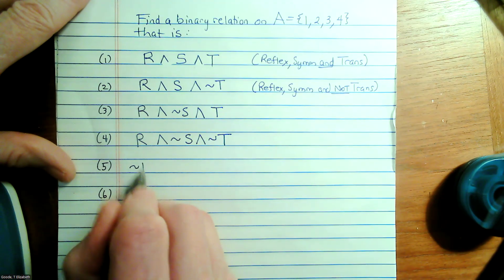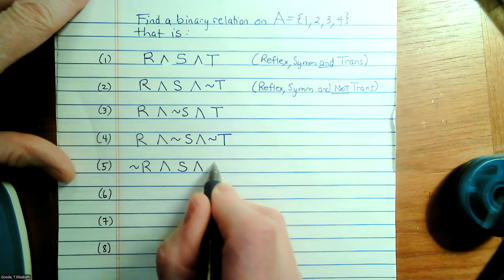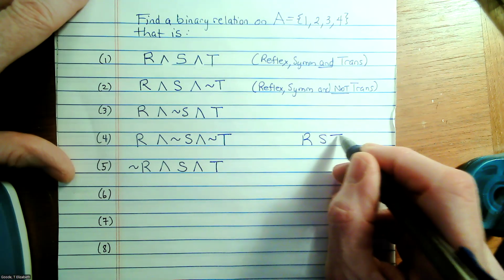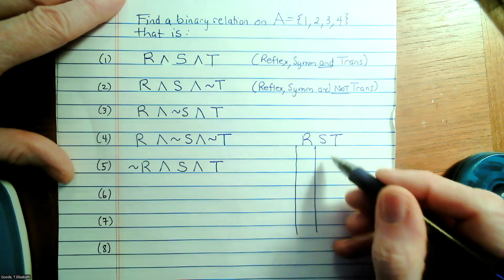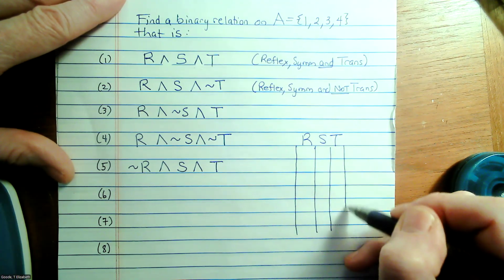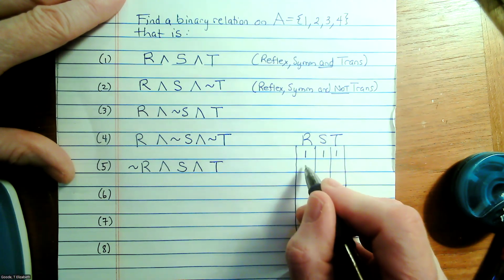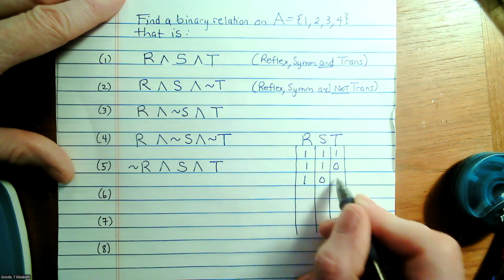Or it could be not R and S and T. See, it's like we're making an IO table, where if you have a 1, it means it has the property. If you have a 0, it means it doesn't have the property. Exactly.